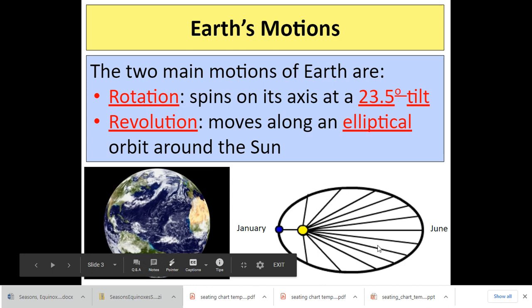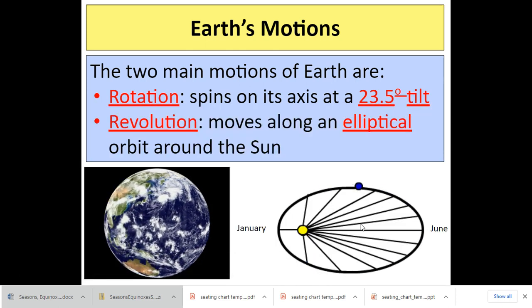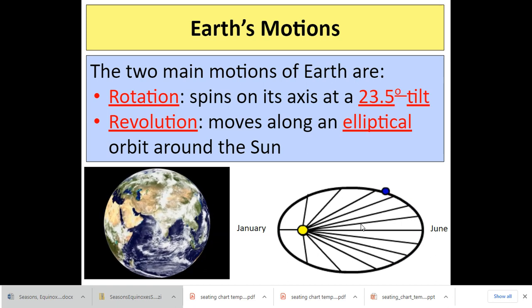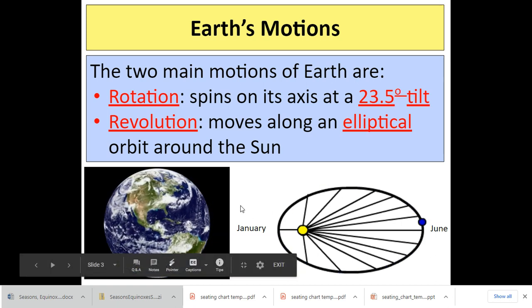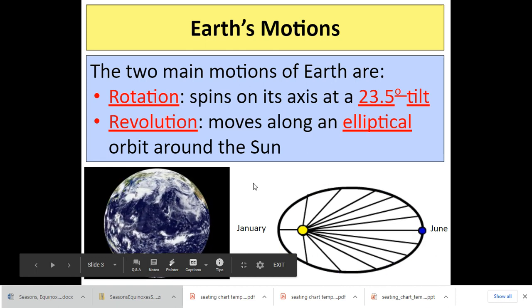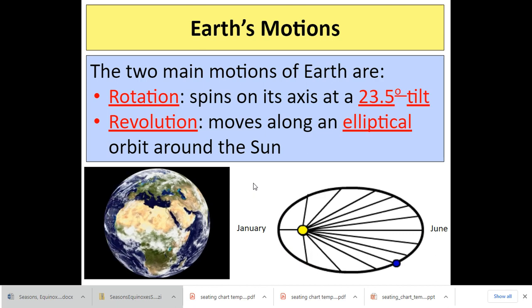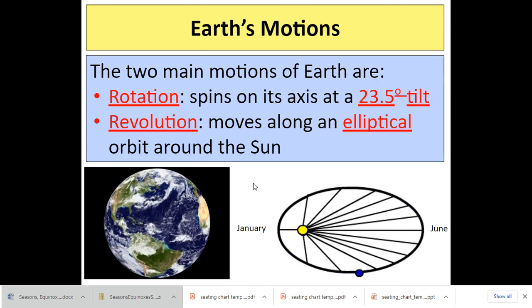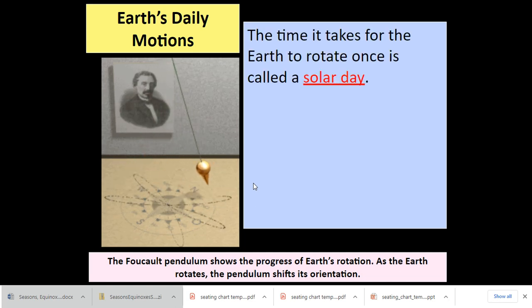That is displayed down here in the right-hand corner. The Earth is moving around the sun, not as fast as what's being shown, but that's just for simplicity's sake. So please understand that rotation is the spinning and revolution is the travel around the sun.